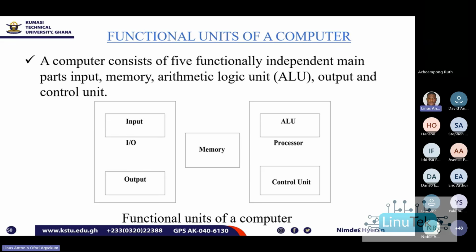Then when we talk about the memory, it is basically where data or information is stored. Data which is yet to be processed can be kept in the memory, or data which has been processed into information can also be kept in the memory. Now, the memory can be classified into primary and secondary.